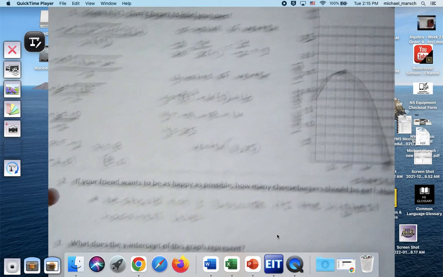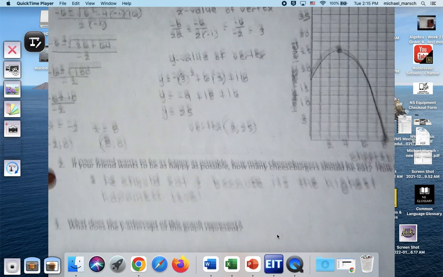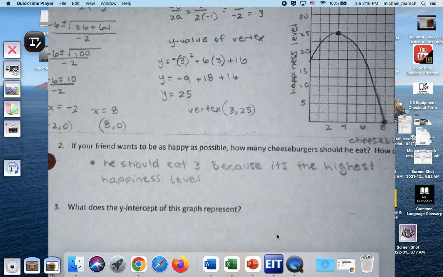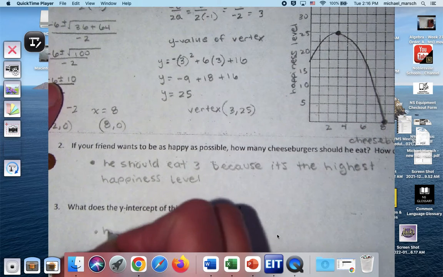What does the y-intercept of the graph represent? Yeah, happiness before eating any cheeseburgers.